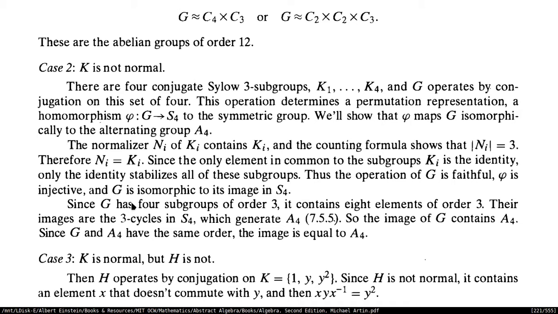If we just look at the elements that are in the conjugates of K, then there are going to be 9 of them. If we take the 1 out, then that leaves 2 in each of the subgroups. There are 4, so that's 8, and then we have to put 1 back in, so that makes 9.